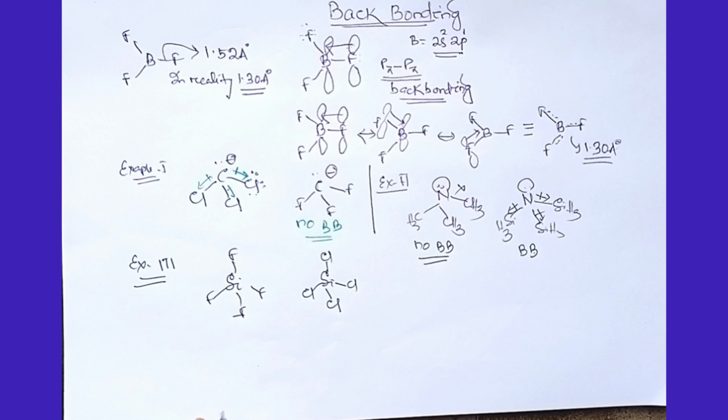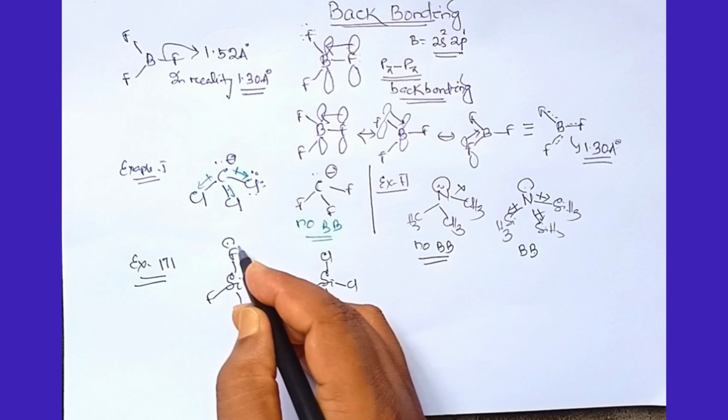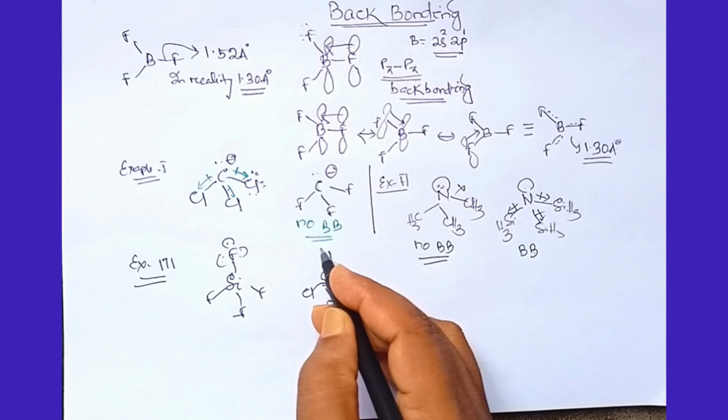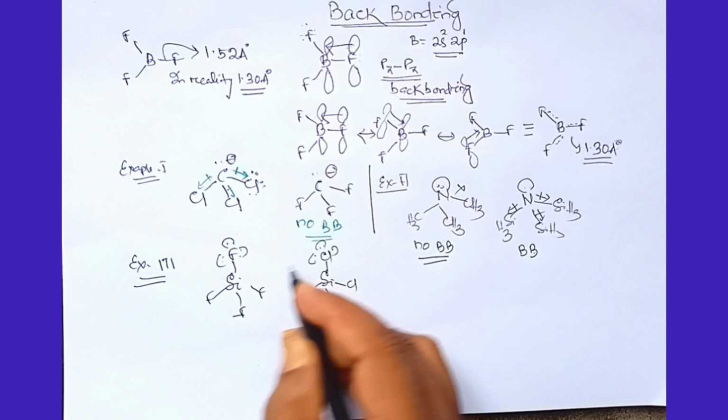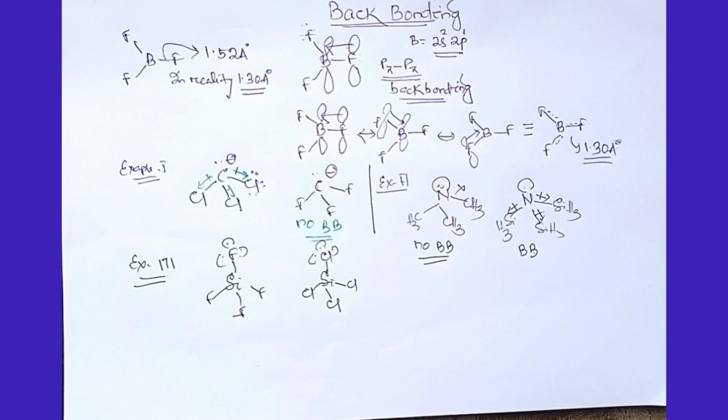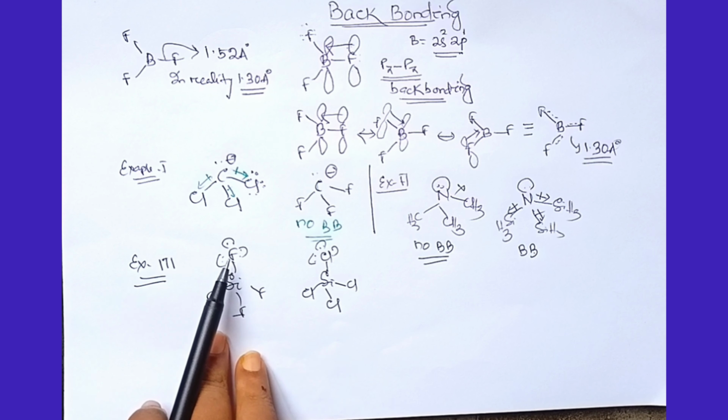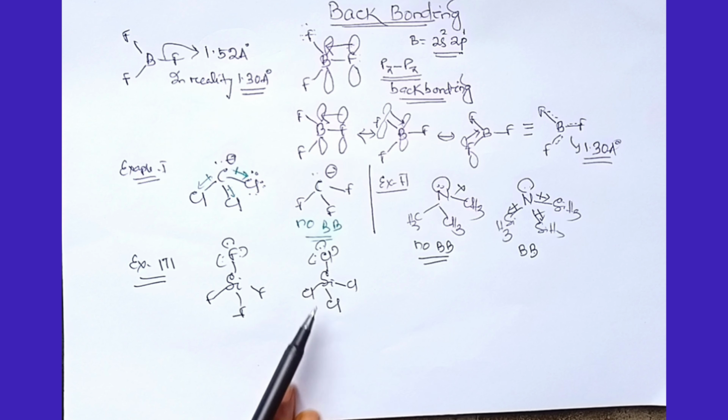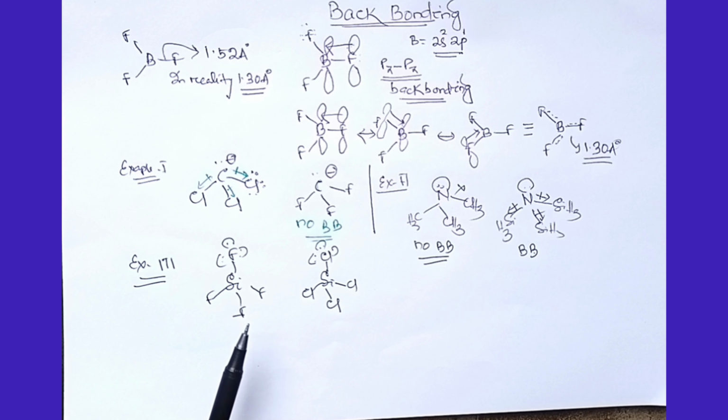So here over fluorine and chlorine lone pairs are present. So obviously fluorine here acts as the donor atom and chlorine acts as the donor atom here. So in which case there is the presence of back bonding, in which case there is no back bonding, okay.